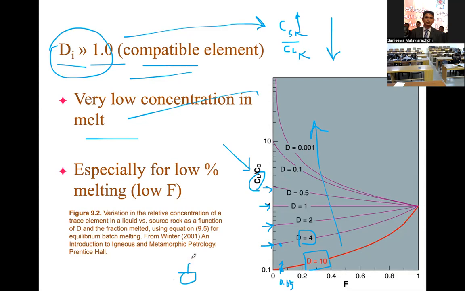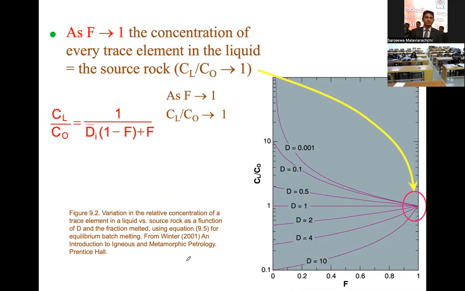So it will not go into the melt, it should remain here. That is the idea. It has a very low concentration within the produced melt. Right, so this is the story.